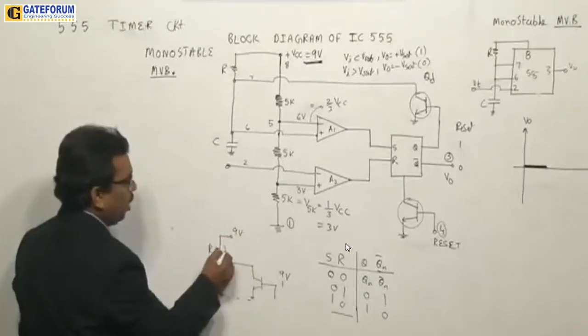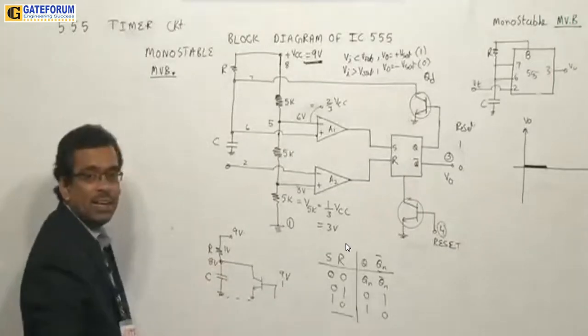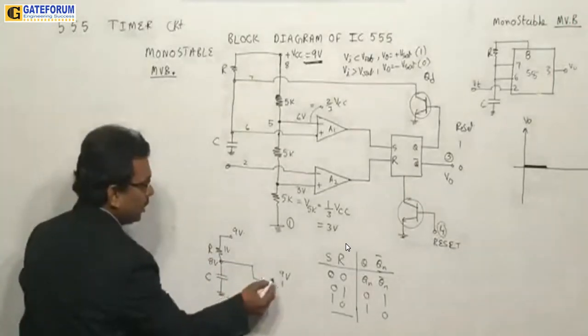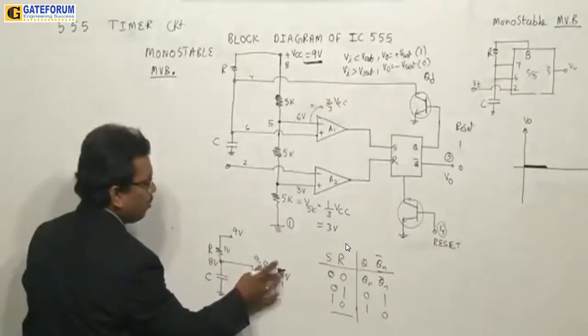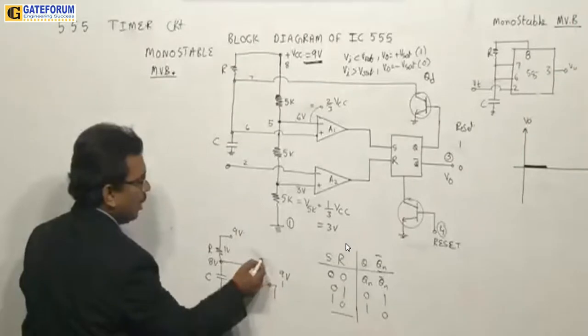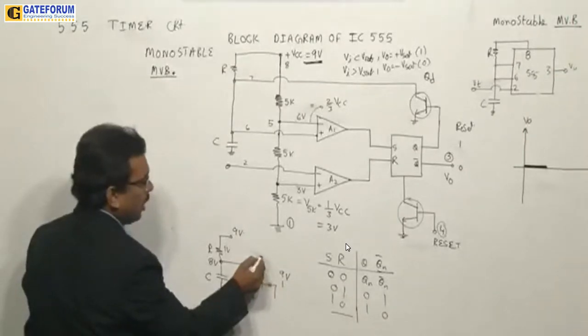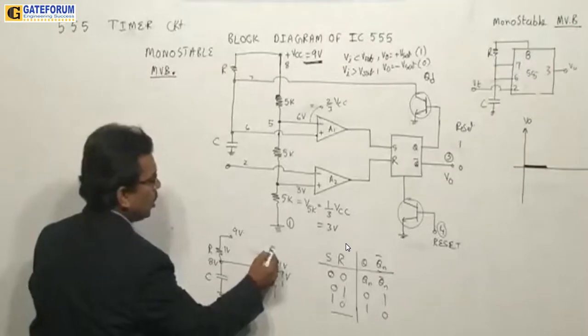So from here I am giving 9 volts. There is a drop of 1 volt here, then I will get here 8 volts. From this point to this point you take 9 minus 8 equal to 1 volt.